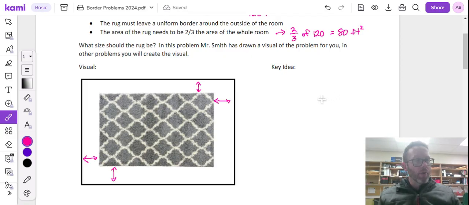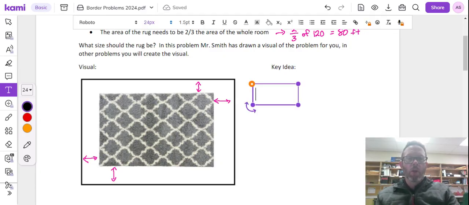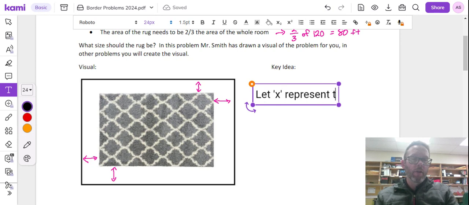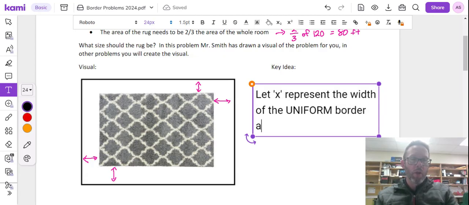So how can we go about setting up an equation that will help us solve this problem? The key idea, and I'll type this in, for any border problem, we're going to start with the following. We're going to let x, a new variable, represent the width of the uniform border around the room.